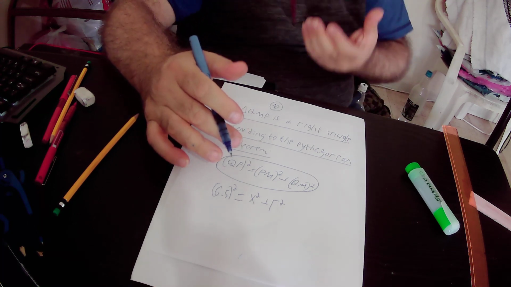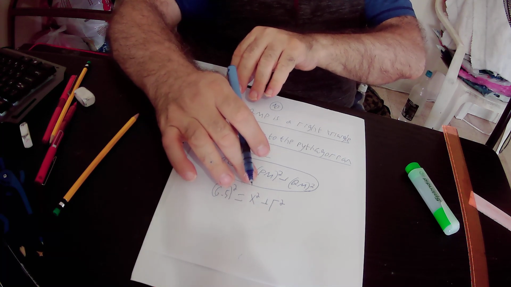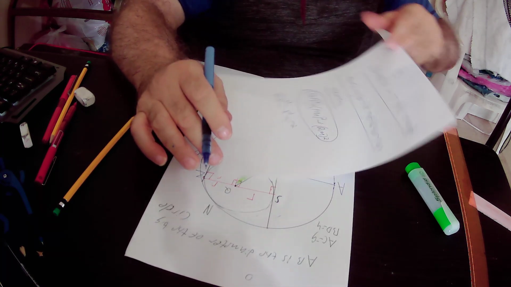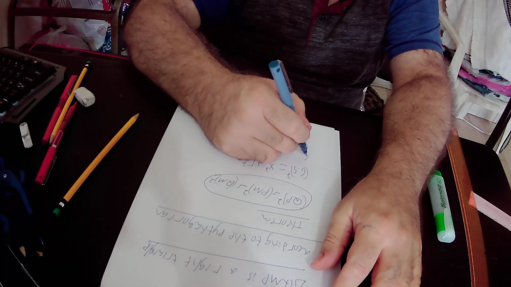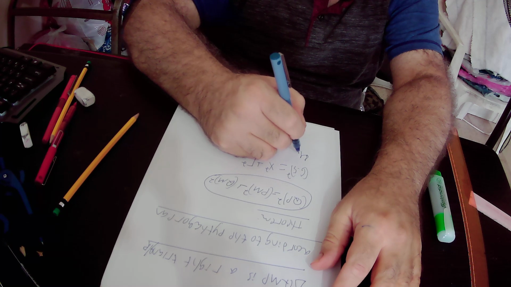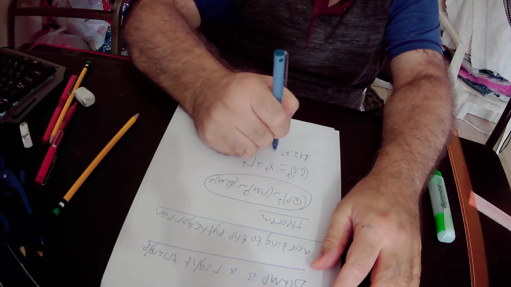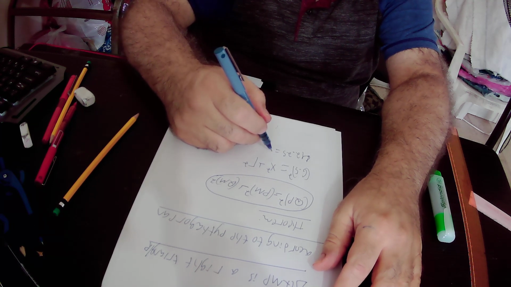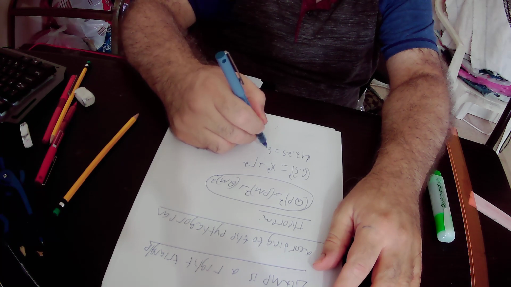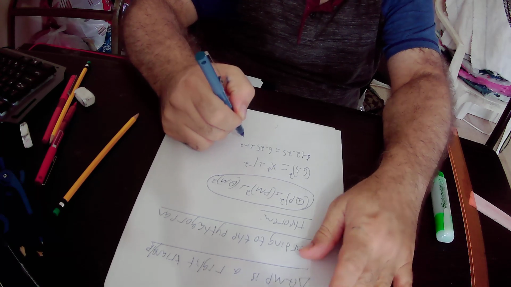But we have already found out that the value of X is 2.5 units, so we can substitute X by 2.5 units, and we will get that 6.5 square is actually 42.25 equals 2.5 square. 2.5 square is 6.25 plus r square.